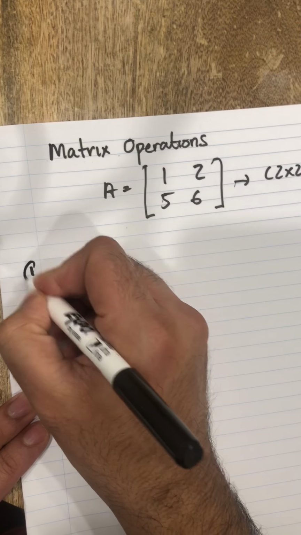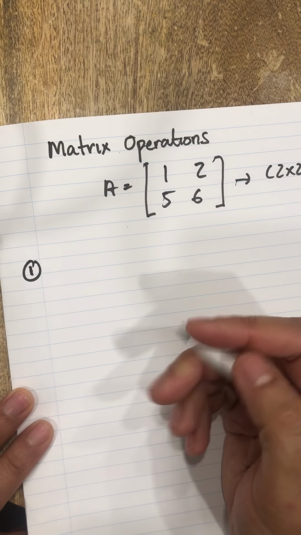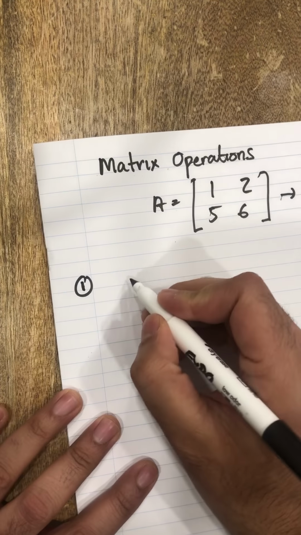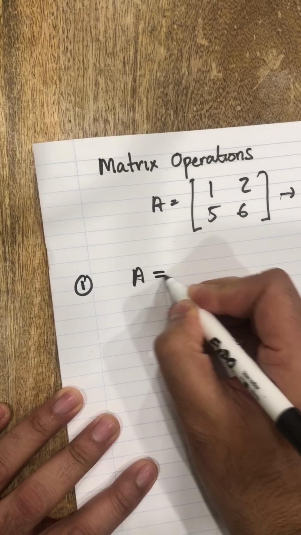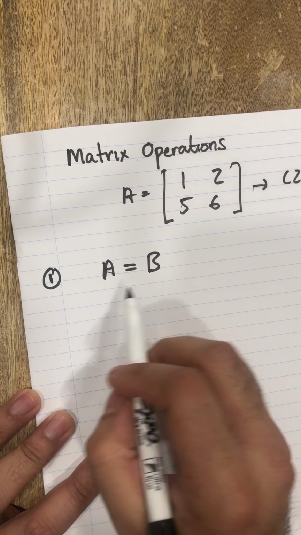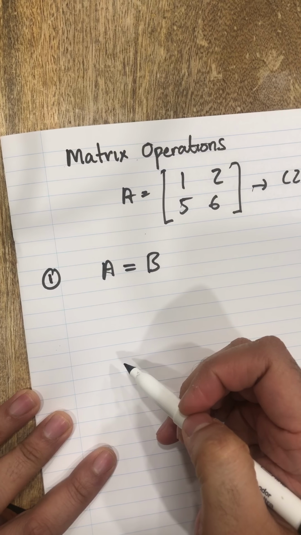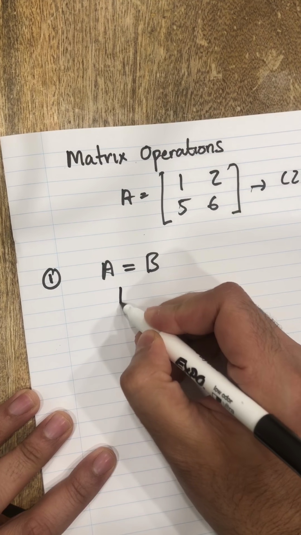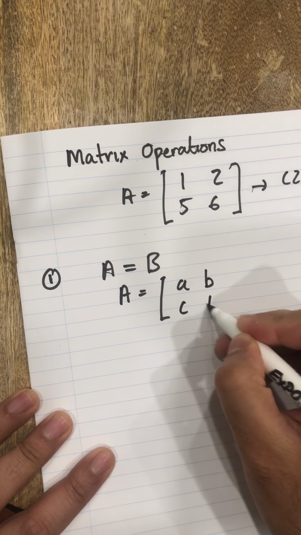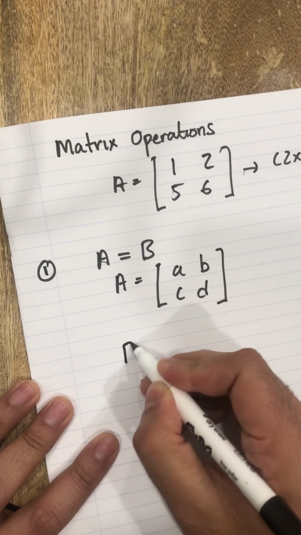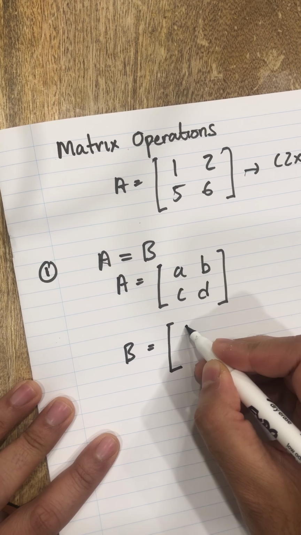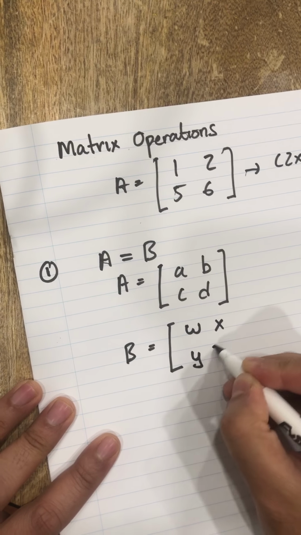These are discussed in the textbook as well, from page 585. One rule is, let's say you have the condition that matrix A is equal to matrix B. What does that mean? Essentially, you have a matrix A with some numbers a, b, c, d, and then another matrix B with w, x, y, z.